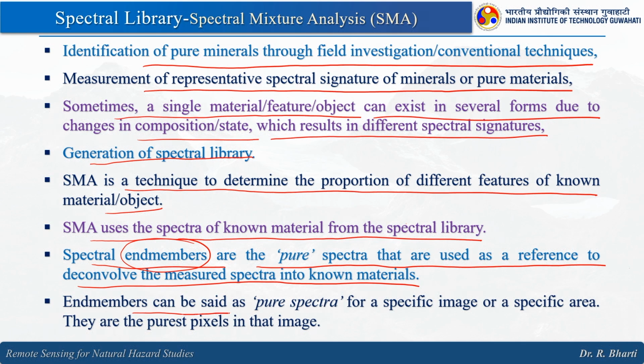End members can be said as pure spectra for a specific image or a specific area for a specific target. They are the purest pixel in that particular image. So, what we do is, in the image itself we also have to identify which are the pixels covering one type of material on the ground, and their response, their spectra will be considered as pure spectra, and we also call it end member, right.